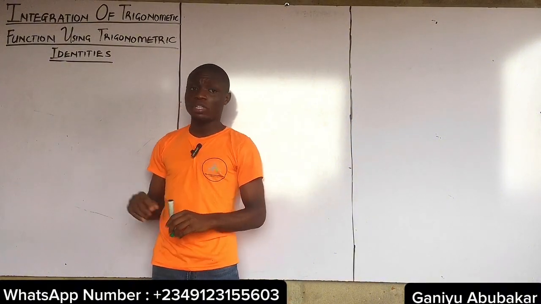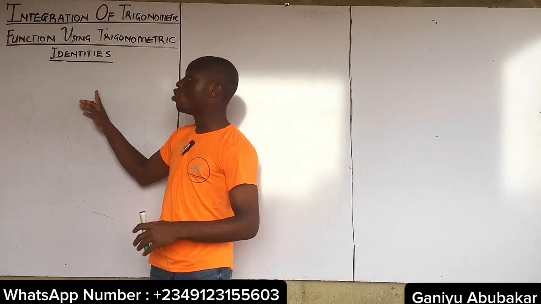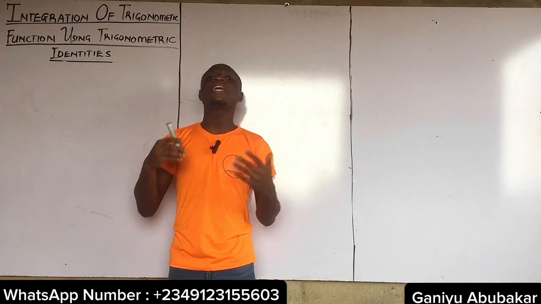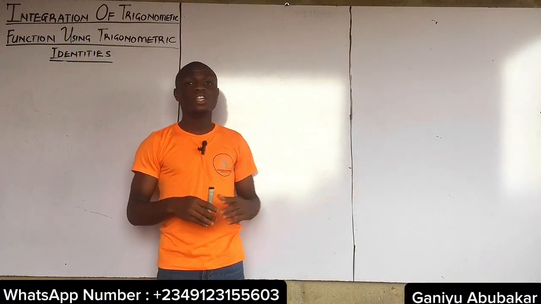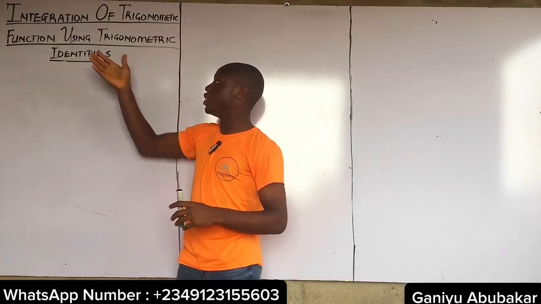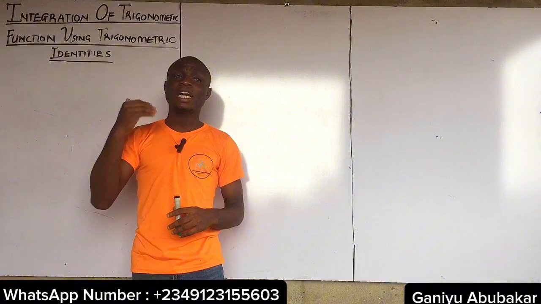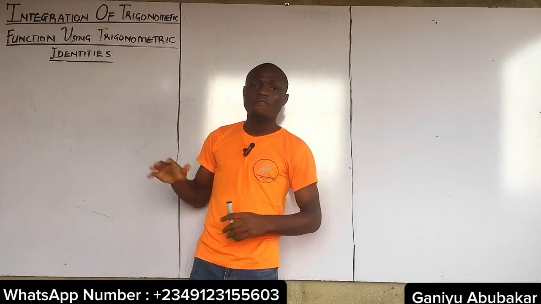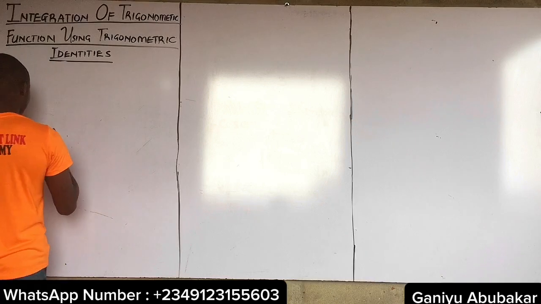If you have not watched our last class on case 1, simply click on the link above. That link will take you to our first class on integration of trigonometric functions using trigonometric identities for case 1. For this class, we're talking about case 2.